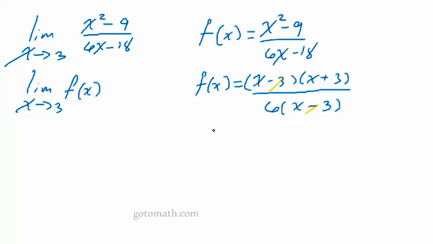And then we're left with f of x equal to, we have this 6 down here in the bottom, and I'm going to write it like this: x over 6 plus 3 over 6, which could be reduced down to x over 6 plus a half.